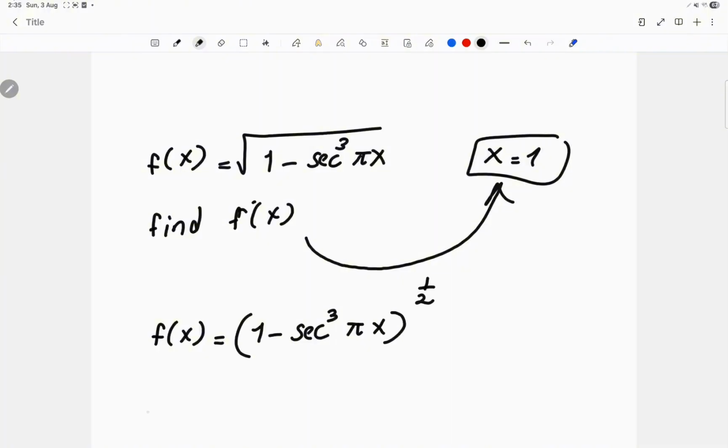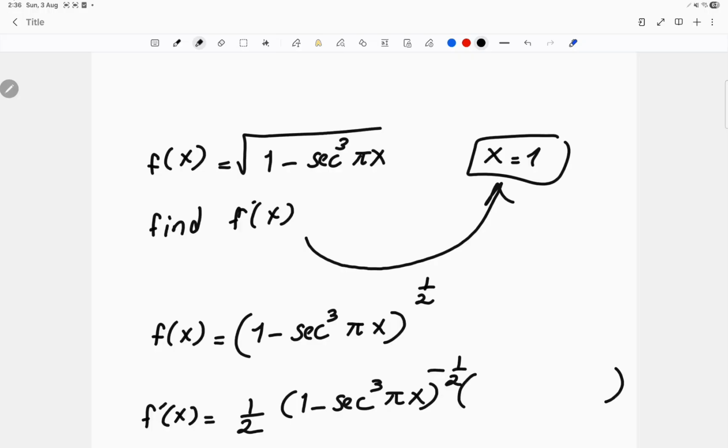Correct? Let's find f prime of x. Bring that power down. And now differentiate the inside.